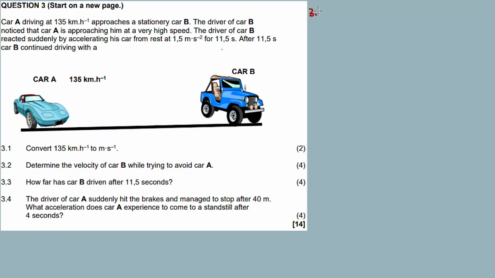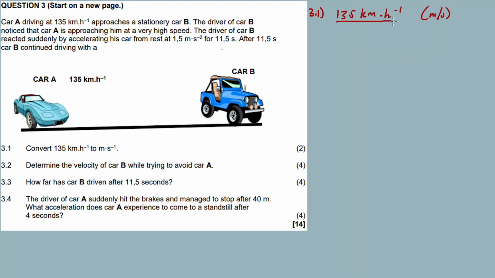Alright, in 3.1 they say convert 135 km per hour to meters per second. So we have 135 km per hour and we want to change it to meters per second, right? So what do we do here?